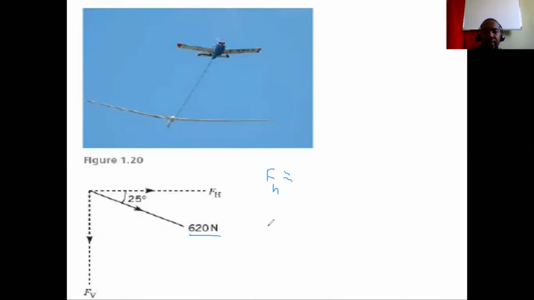F cos theta. So we have the F cos theta, right? And now we can substitute F, which would be the tension, 620, times cos theta, where the angle is 25.